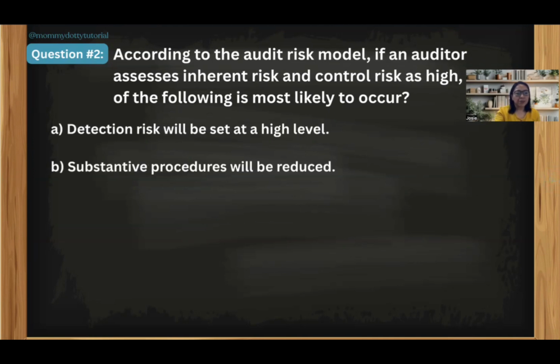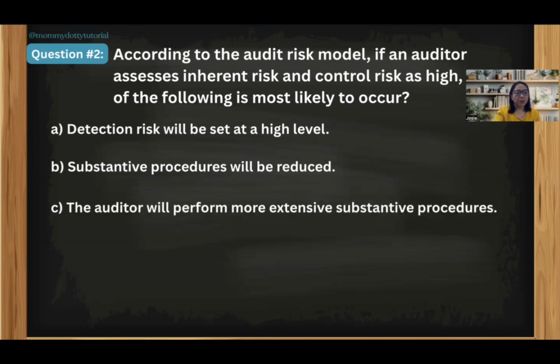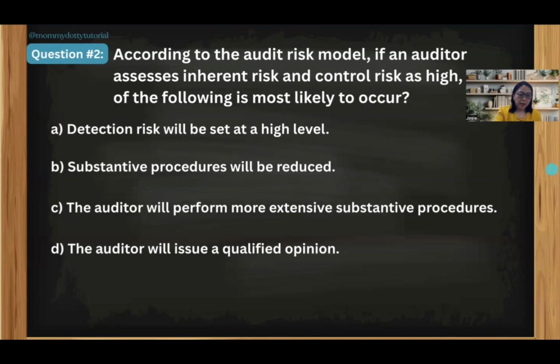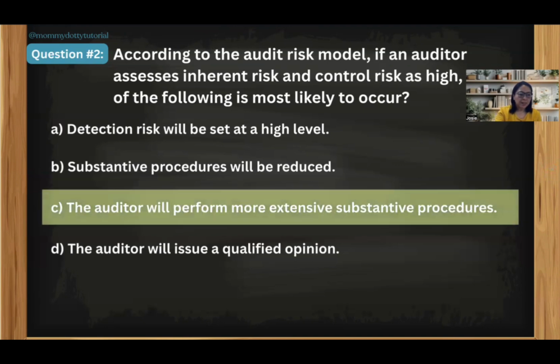B, substantive procedures will be reduced. C, the auditor will perform more extensive substantive procedures. And letter D, the auditor will issue a qualified opinion. Okay? Now you can pause this video to think. Okay. The correct answer is letter C. The auditor will perform more extensive substantive procedures. Remember, no?